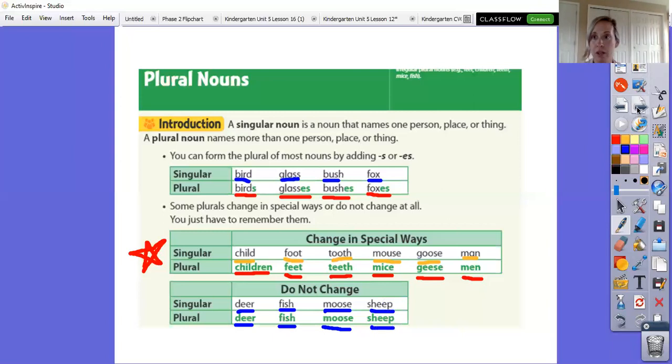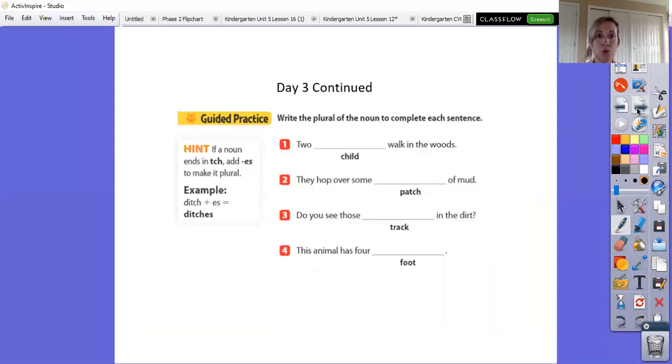Okay? All right. So let's go through these 4, and then that will conclude our lesson for this part. All right, so let's see. Write the plural of the noun to complete each sentence, okay? So let's read it. 2, this is the word they're giving us. 2 child walk in the woods.